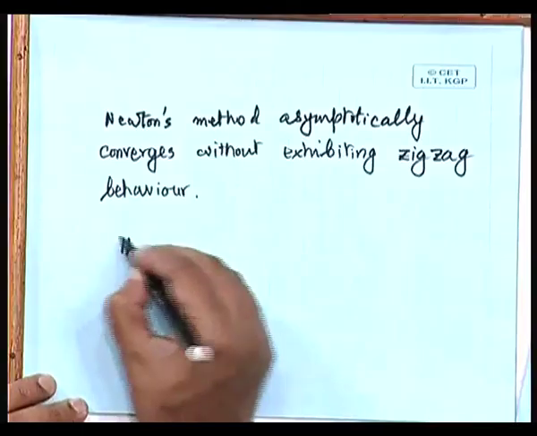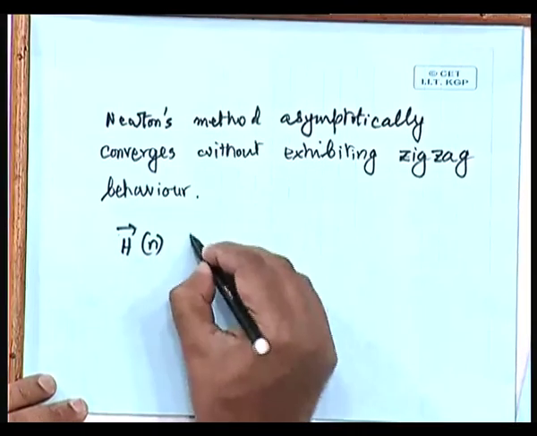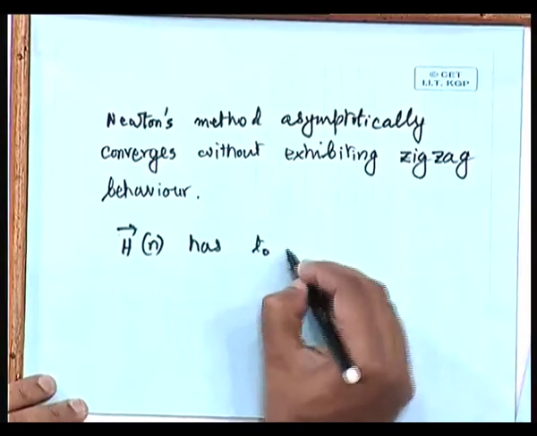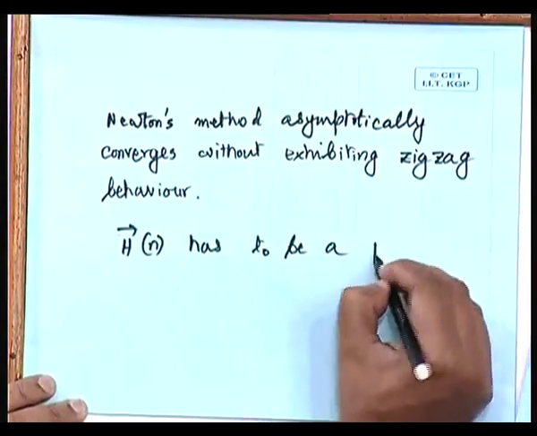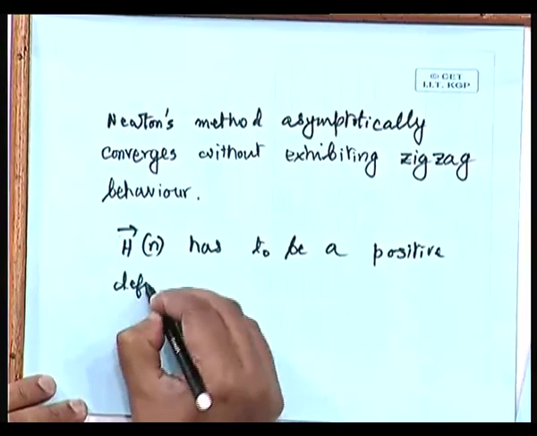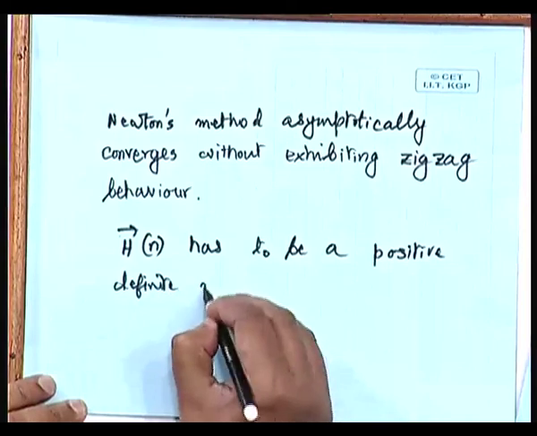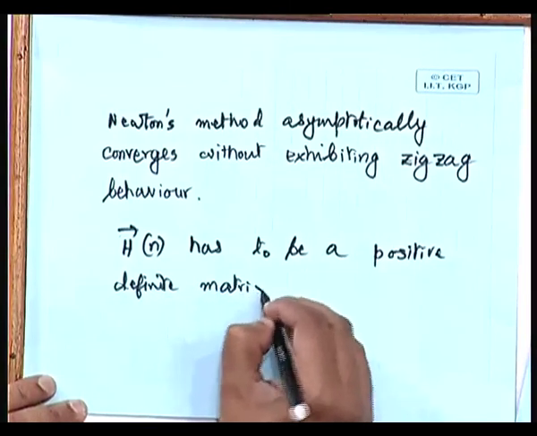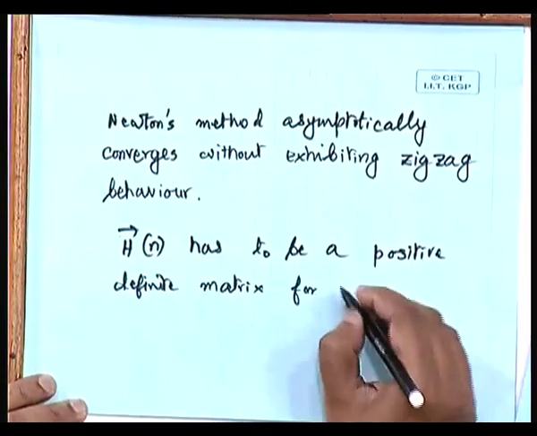So, naturally this also imposes some condition, and the condition that is imposed is that this H n matrix has to be a positive definite matrix for all n.